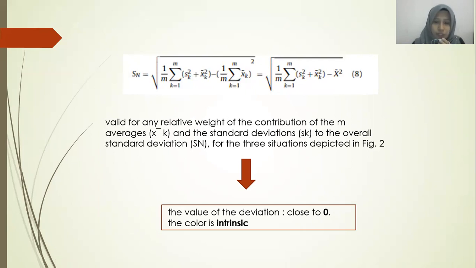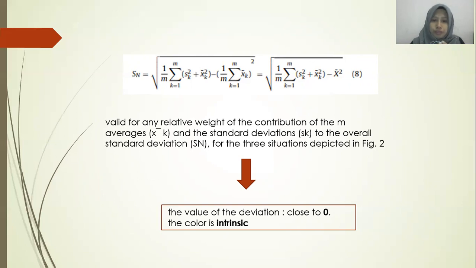So this expression should be valid for any relative weight of the contribution of the average and the standard deviation to the overall standard deviation, for the three situations that already figure in figure 2 that I have already presented, where they will use the dispersion, or their own individual standard deviation.